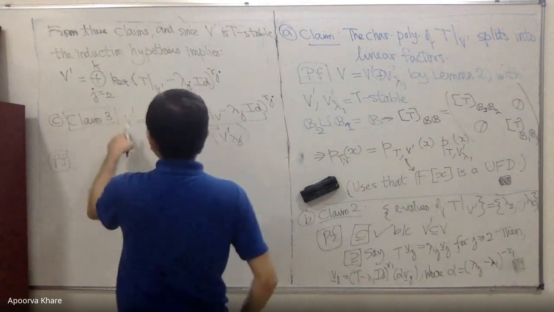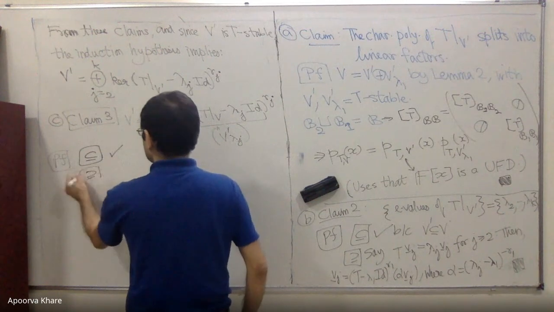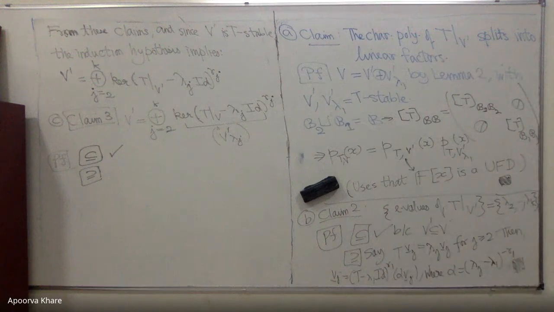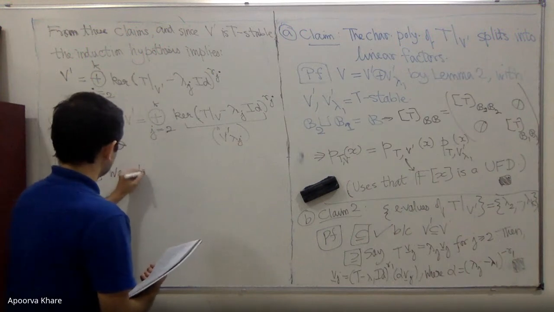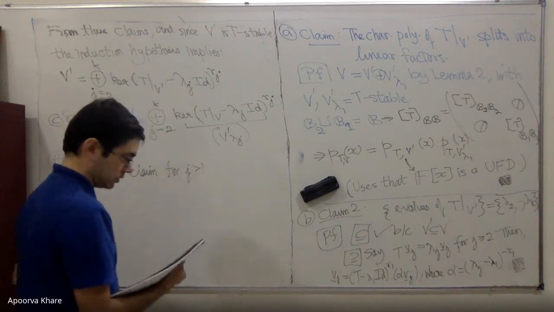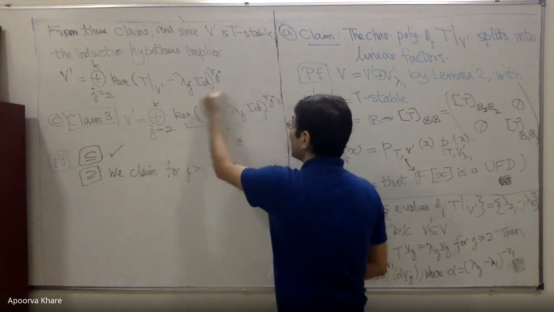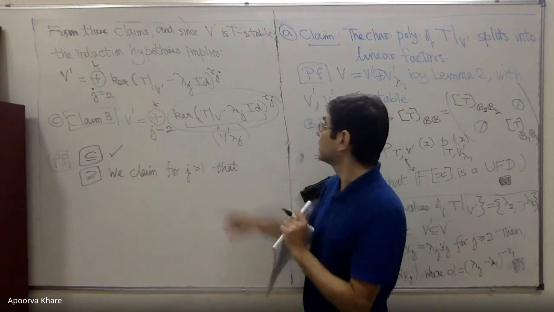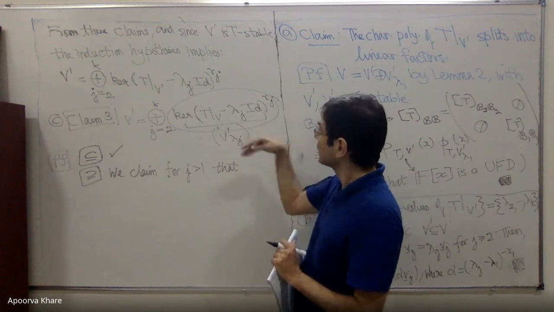Proof is that first of all V prime equals this, so the inclusion here is obvious. Conversely, now suppose you have a vector v inside the... conversely we claim, for j greater than 1, that this entire summand is sitting inside V prime, the image of T minus lambda 1 identity to the R1.